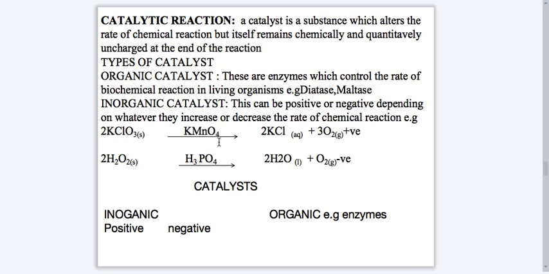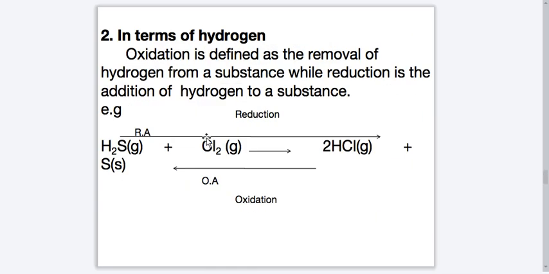The catalyst here is potassium tetraoxomanganate(VII) to give potassium chloride and oxygen gas. So that is 2KClO3, catalyst KMnO4, giving 2KCl plus 3O2. It is going to increase the speed, referred to as positive catalysis. So that's the two types that we have there.